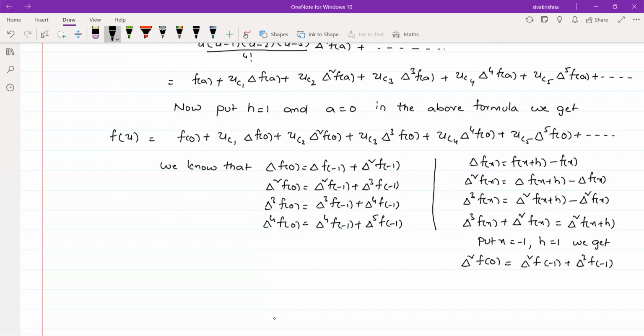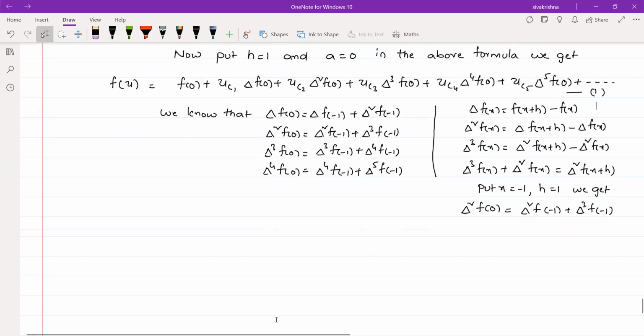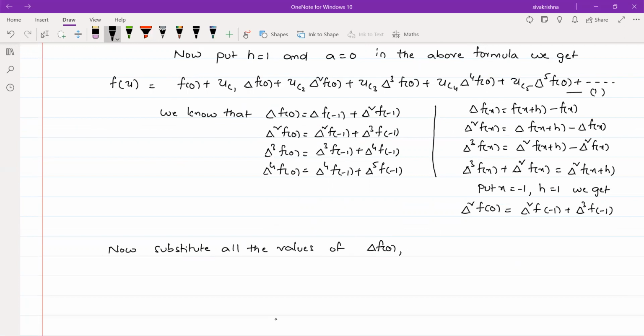Now we have to substitute all these values in equation 1. I am treating that particular equation as equation 1. So we substitute all the values of delta f of 0, delta square f of 0, delta cube f of 0, delta power 4 f of 0 in equation 1.